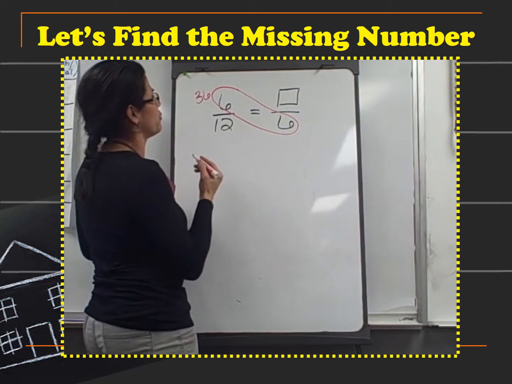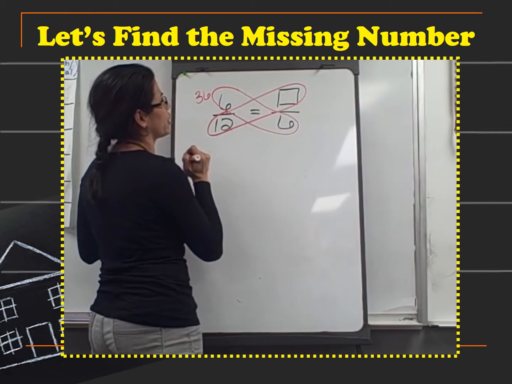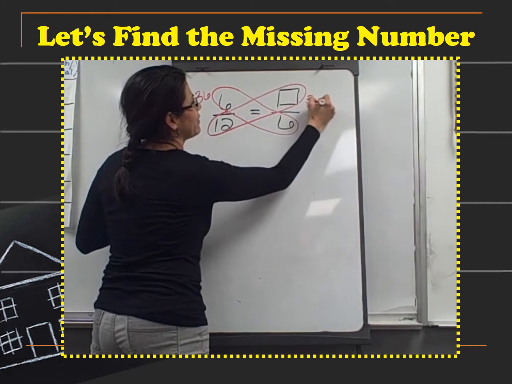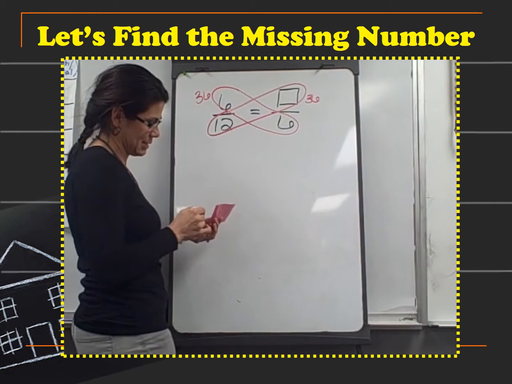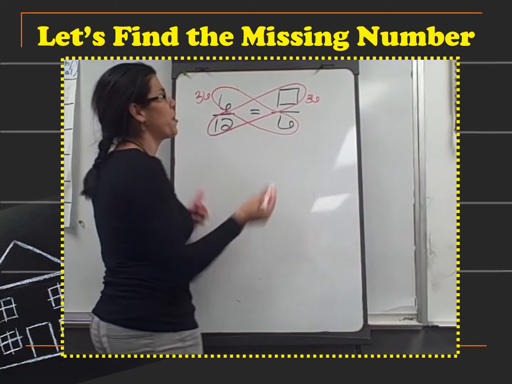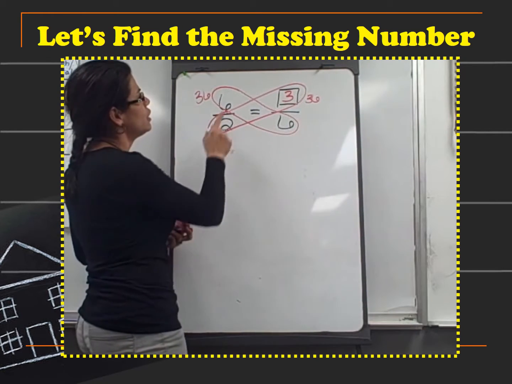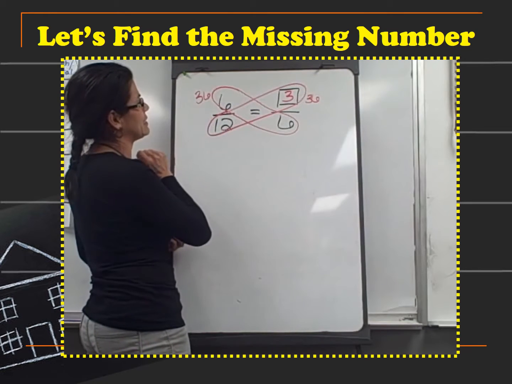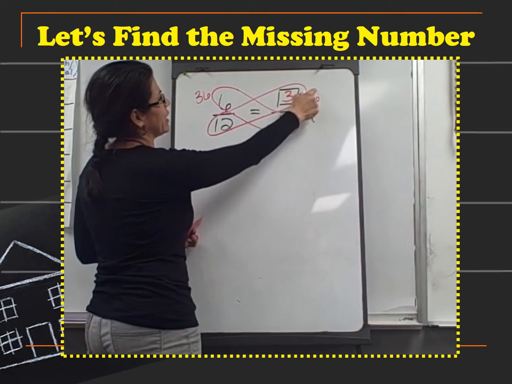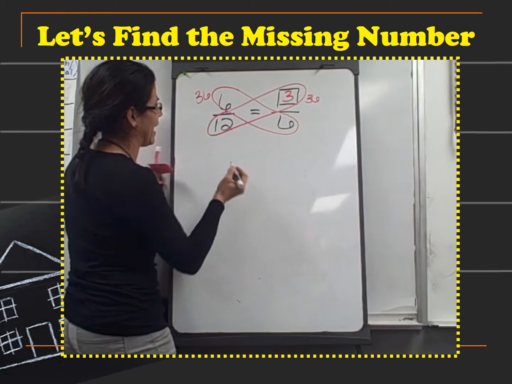Now let's do some mental math. 12 times what number here is going to give us 36? Did you all say 3? Hopefully you said 3, because 3 would be our answer. So again, 6 times 6, 36. 12 times 3, 36.